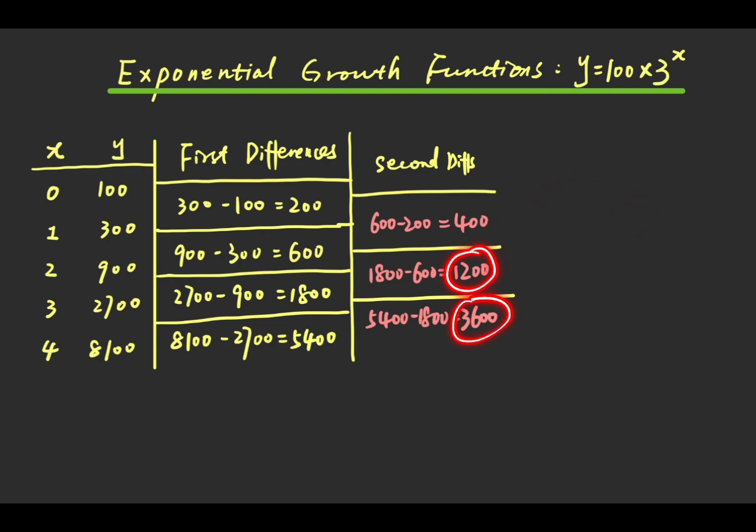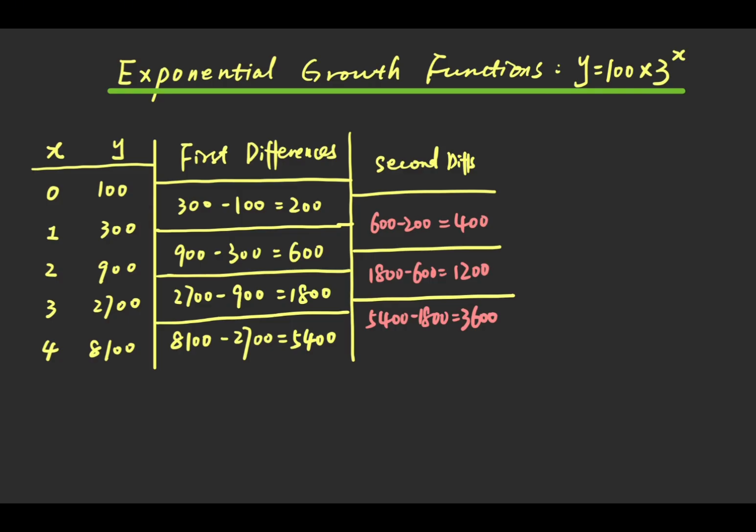This one divided by this one, also 3. Alright. So we say this ratio is the same as this ratio. That is to say 3. This 3 is just this base. Alright? So let's summarize the property of the exponential growth function.